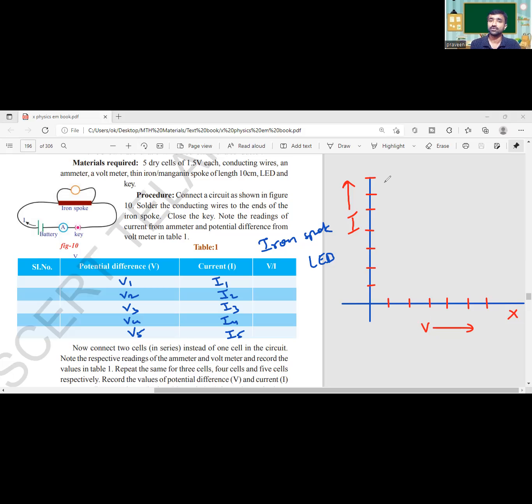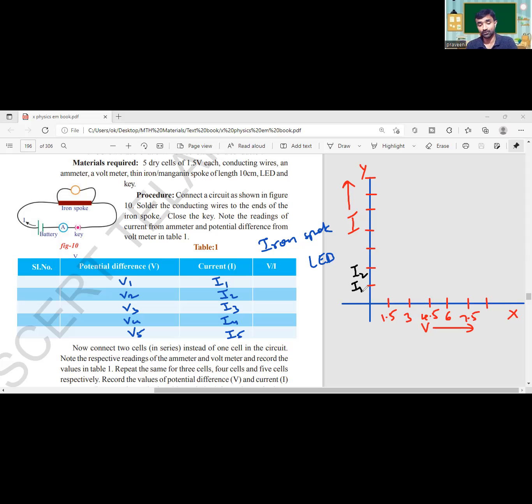Then the voltage values you have taken are 1.5 volts, 3.0, 4.5, 6 and 7.5. These are the values you have taken on the axis X. Then what are the values you are getting on current? I1, I2, I3, I4.